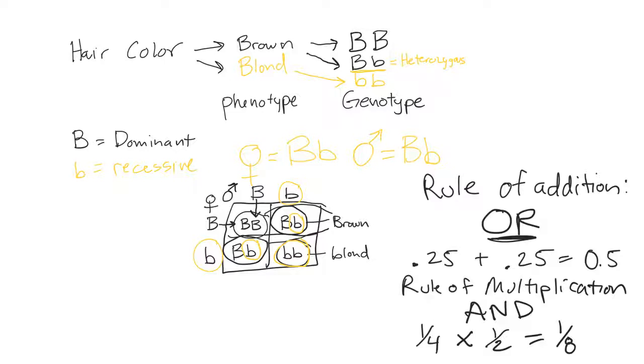So by using those two rules, we can determine probabilities of two events occurring at the same time, or one event occurring or another event occurring. Okay, does that make sense?